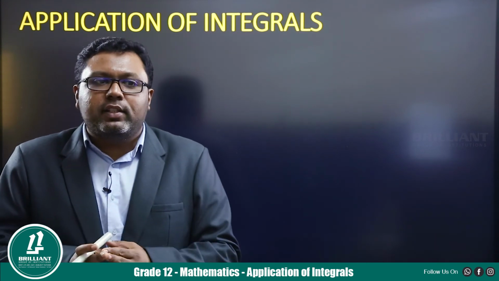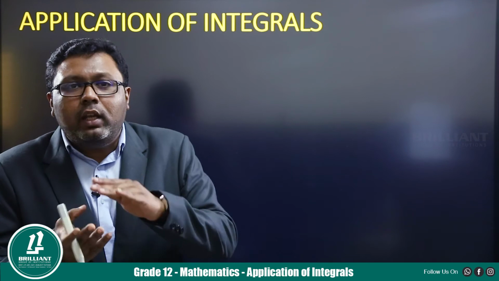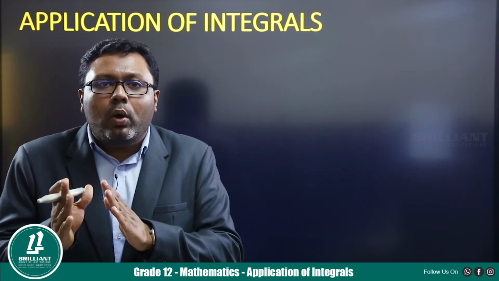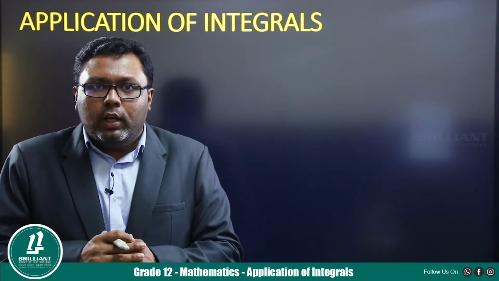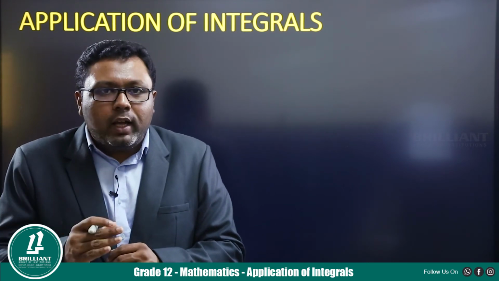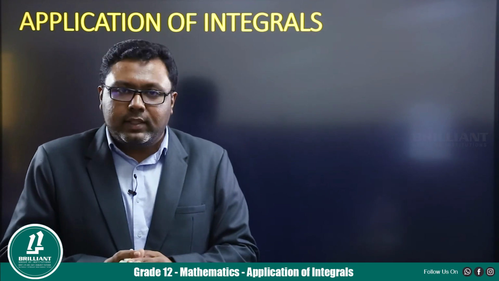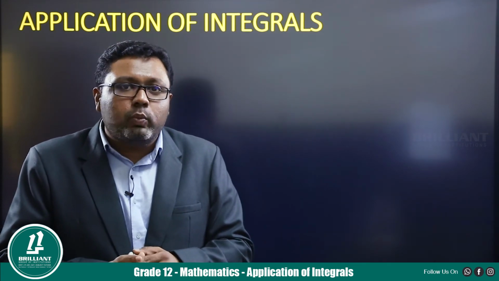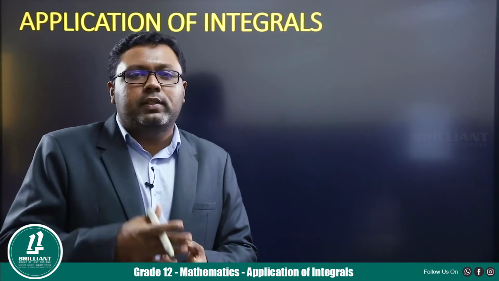Now let's consider a situation where you're trying to find the area between two curves. Not always will the question deal with one curve. You're going to talk about the area between two curves involved in the same question. Consider a situation where y1 is f of x and y2 is g of x.